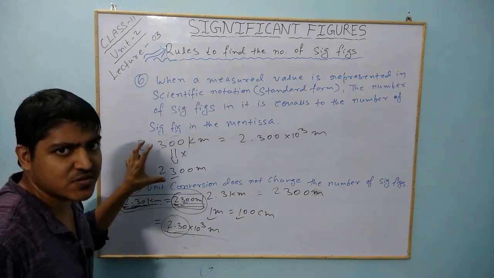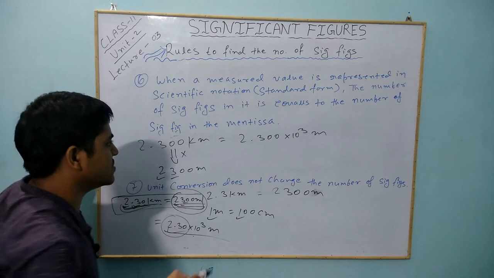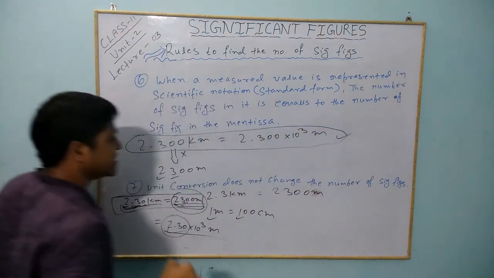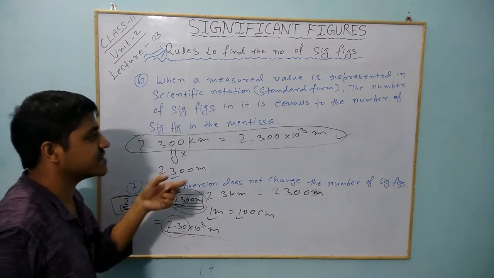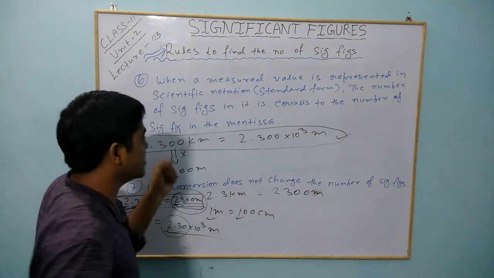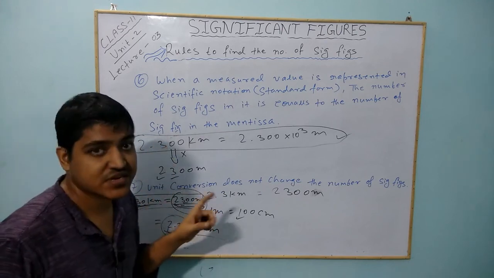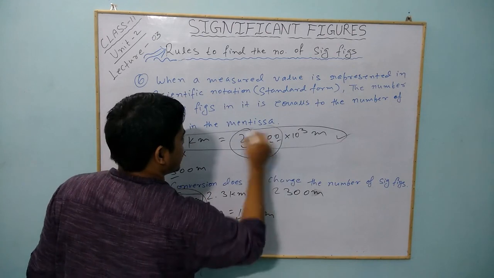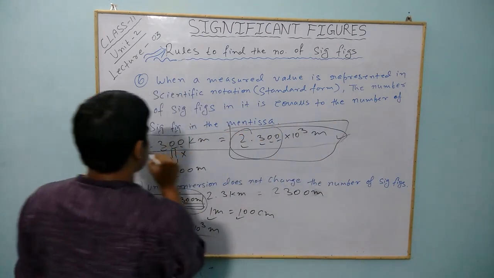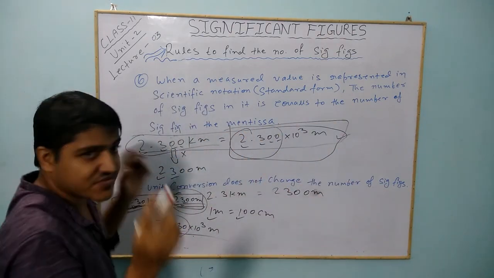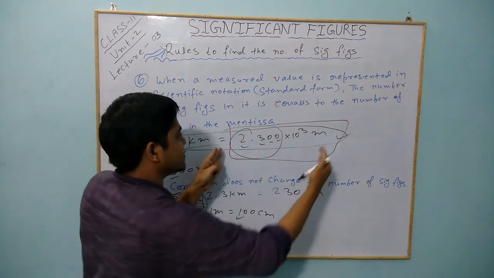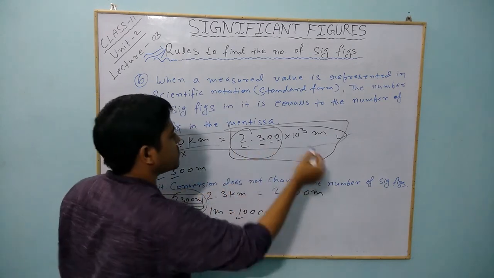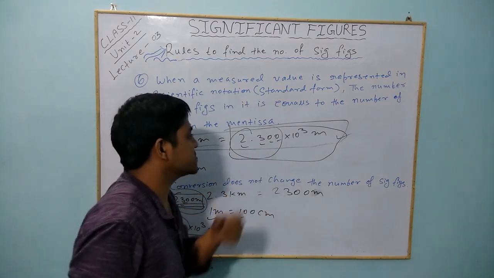Mathematically it's true, but from the point of view of significant figures, it's false. This is the correct way of writing your measurement. Always ensure that while converting the unit, the number of significant figures is not changing. Here the number of sig figs was 4, and here too it is 4, because we are representing our measurement in standard form to ensure the number of sig figs is 4. So we wrote it as 2.300 × 10^3 meters to make the number of significant figures 4. That's it.